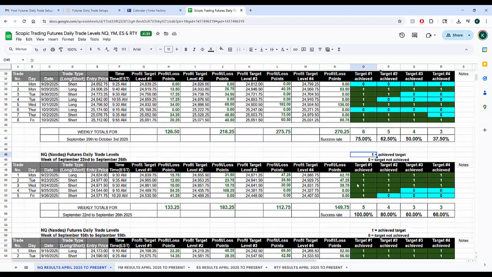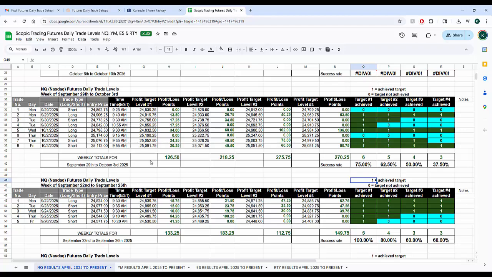The NASDAQ did very well that week on that first target, which is basically the smaller target, and the smaller targets are always easier to hit, high percentage there. Then you got our second target, a third target, etc., and you can see this most recent week, we are 6 out of 8 targets on the first, 5 out of 8, and as you go down to the fourth target, it just gets less and less accurate.